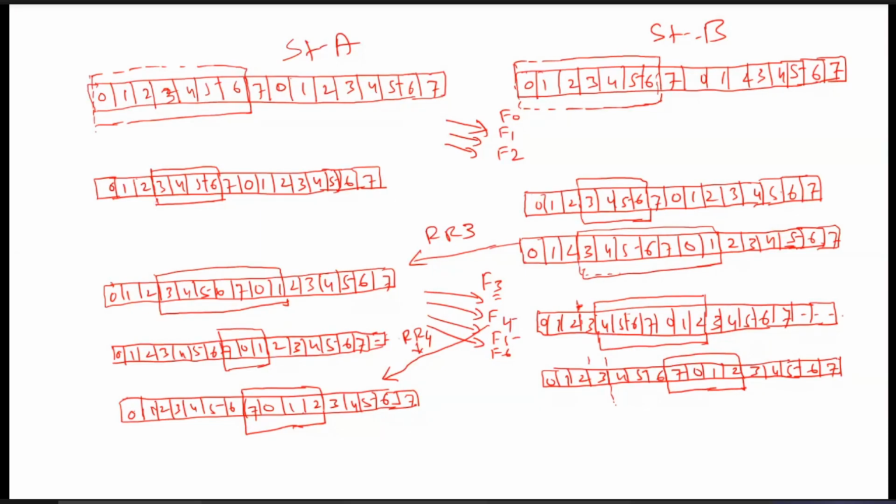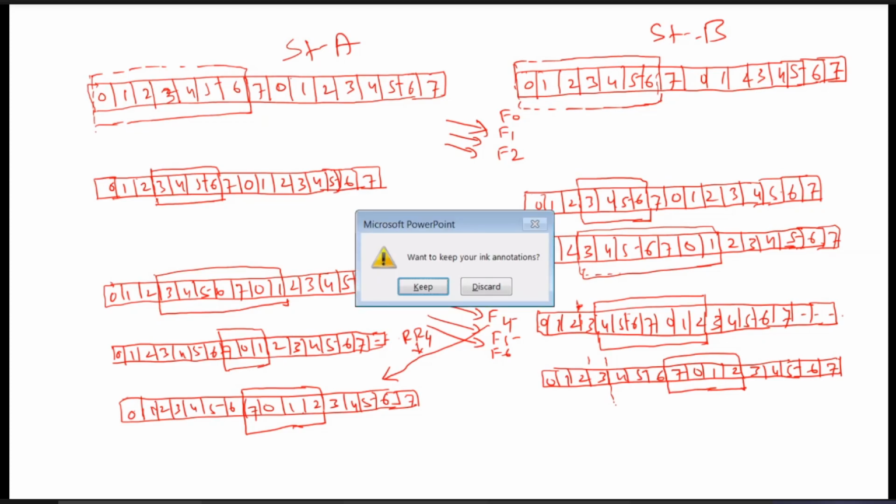In one case, efficiency will be 1, I mean the link will be filled with the frames. In the other case, it will be slightly less, but still far better than stop-and-wait flow control. So this much today. No questions.